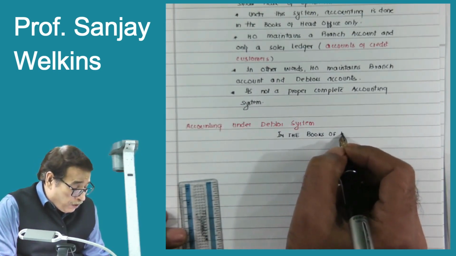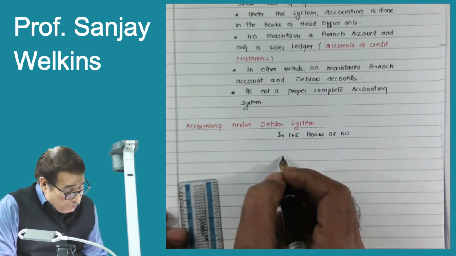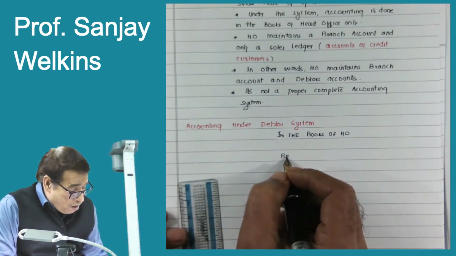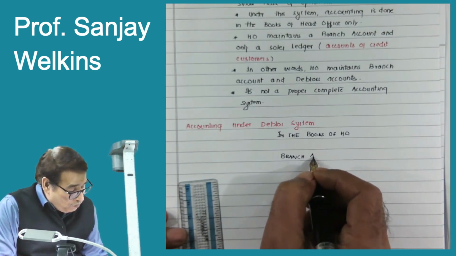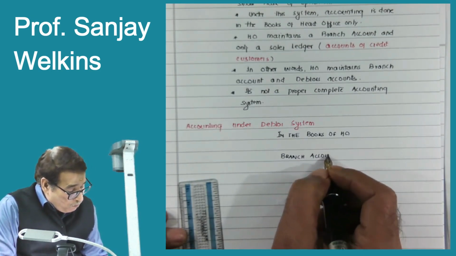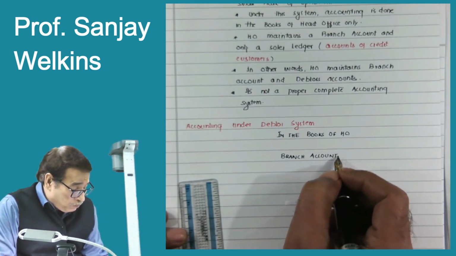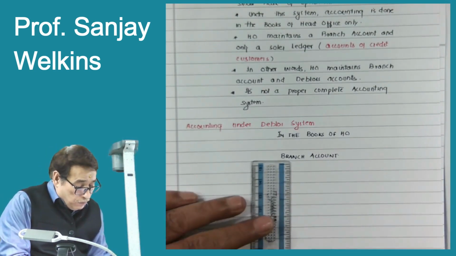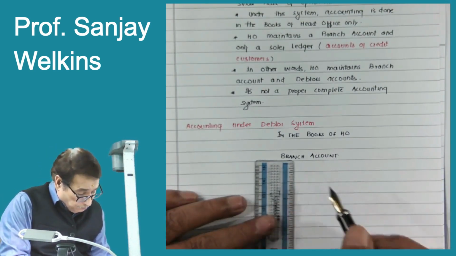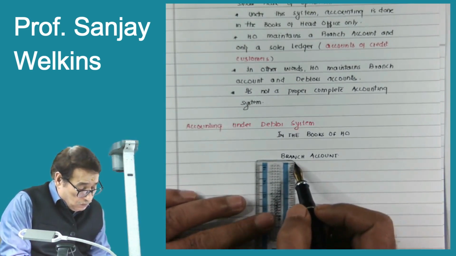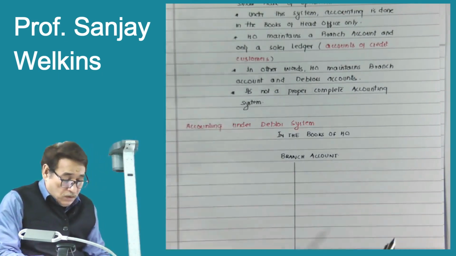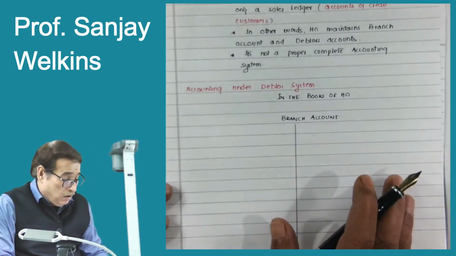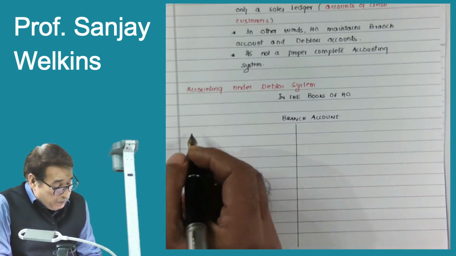In the books of head office, we will maintain a branch account. Generally the format will look like this, and I will explain it later on.